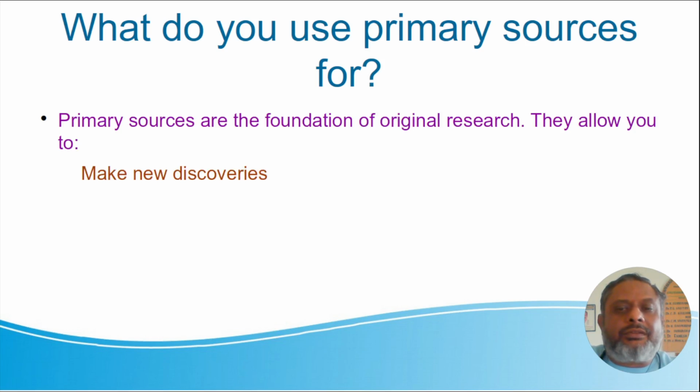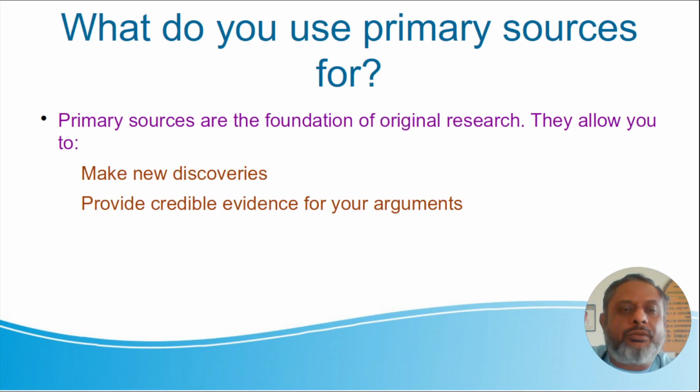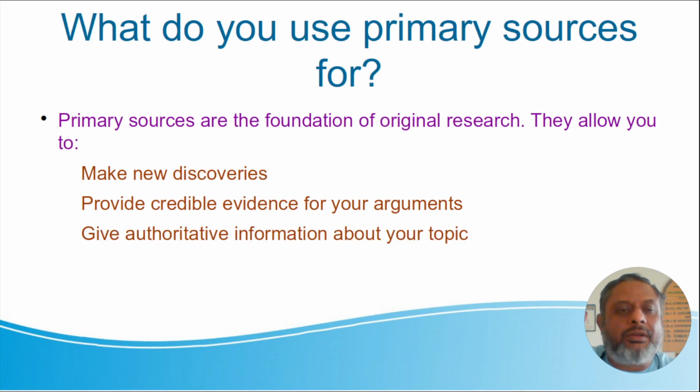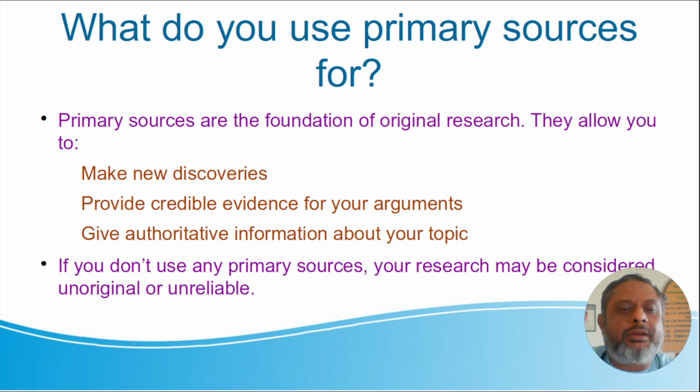Primary sources are the foundation of original research. They are used for making new discoveries, provide credible evidence for your arguments, and give authoritative information about your topic. If you don't use any primary sources, your research will not be considered original or reliable. Nobody takes it seriously.